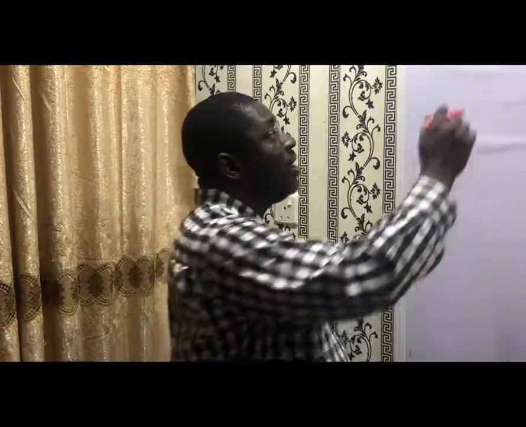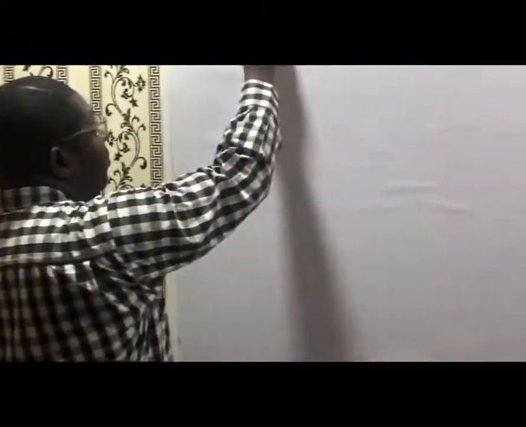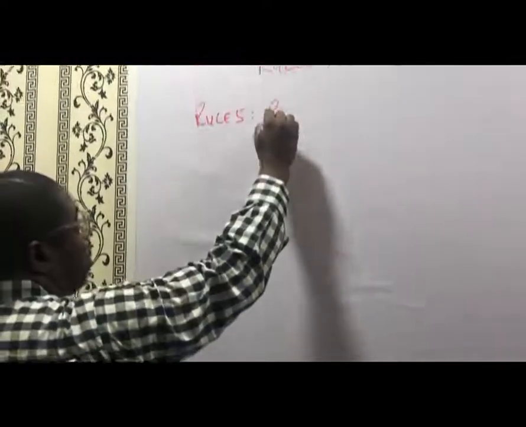So rule number 5, rule 5 is the product rule.